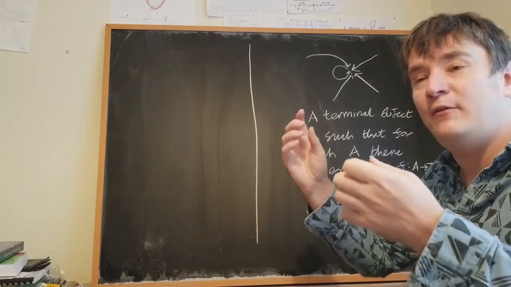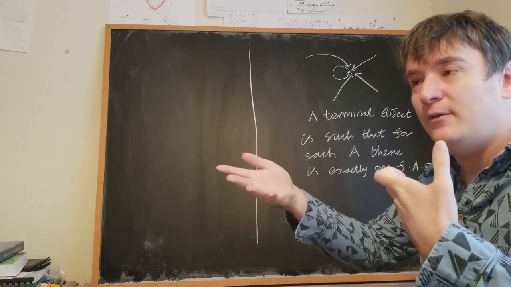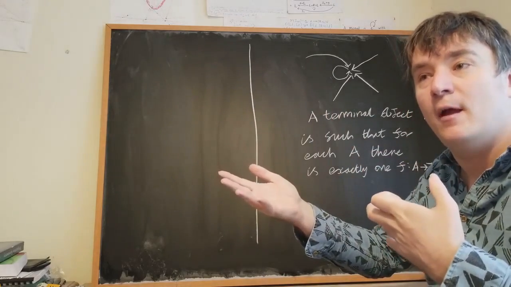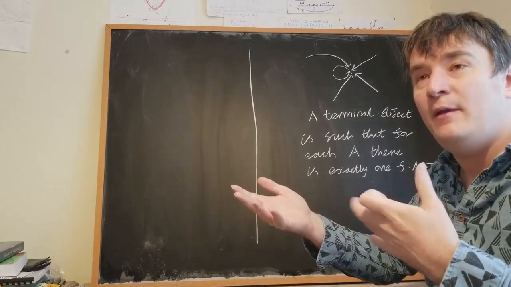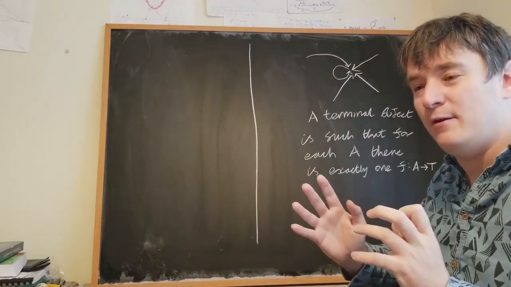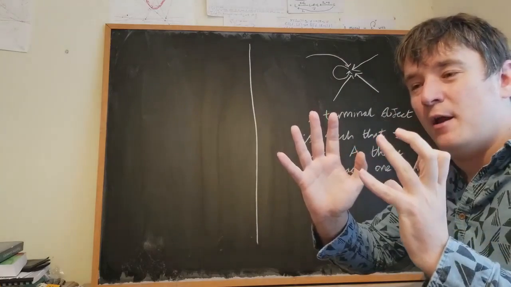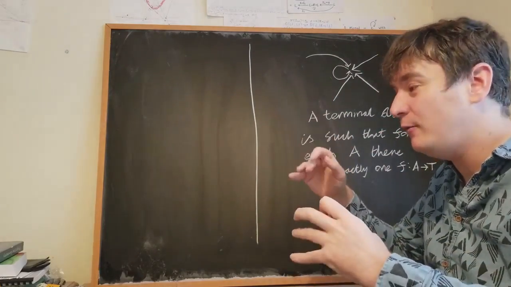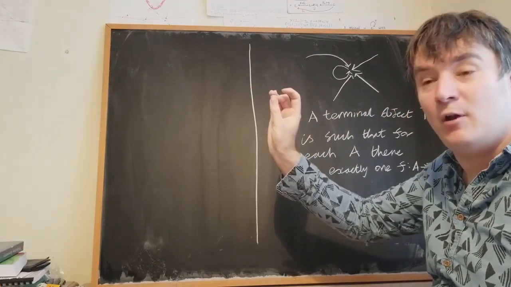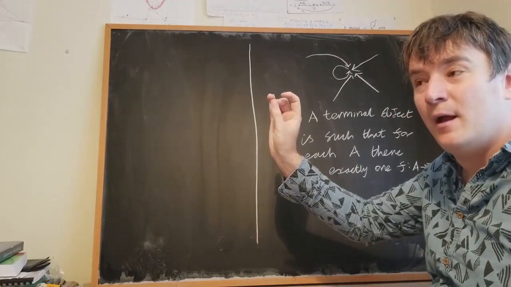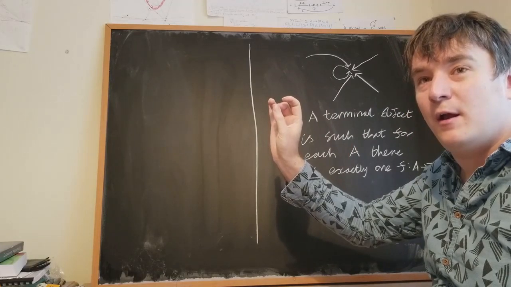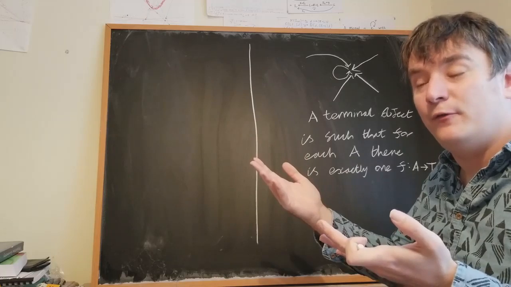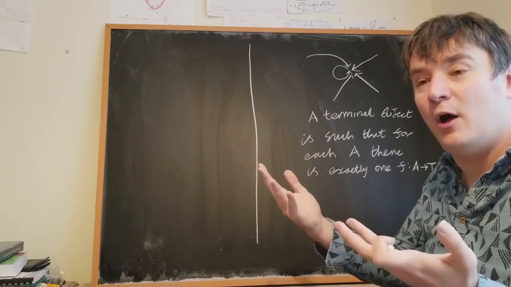So remember, this opposite category is this category where we reverse the directions of all of the arrows. So if you have a category and then you get the opposite category, so you reverse the arrows, and then if you find a terminal object in there, then you can say, well, what does this correspond to? It corresponds to an initial object.